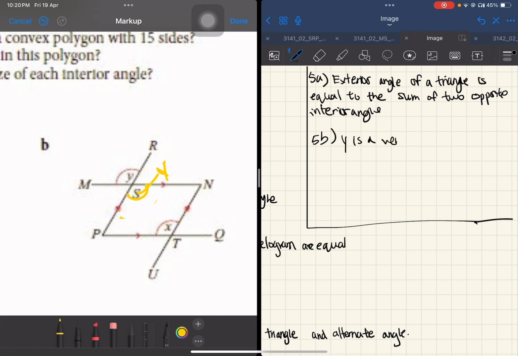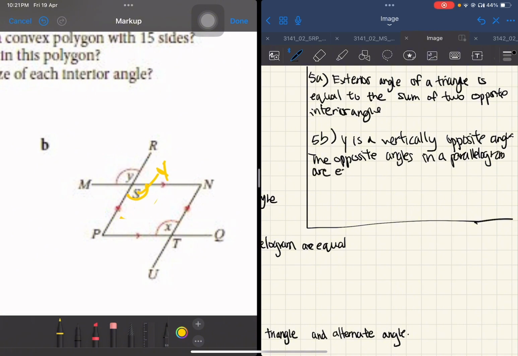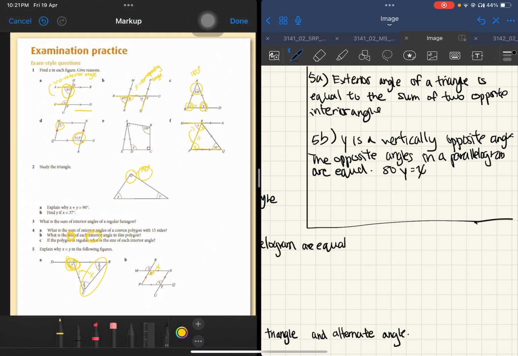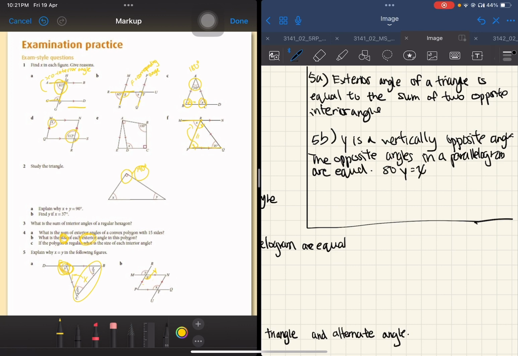Let me just write that down. Opposite angles in a parallelogram are equal. Okay, so these are the answers for the examination practice.